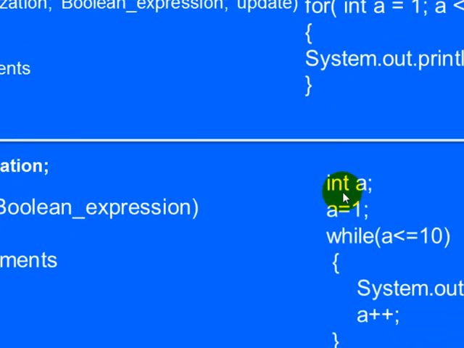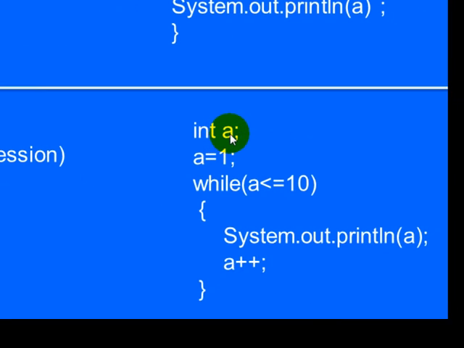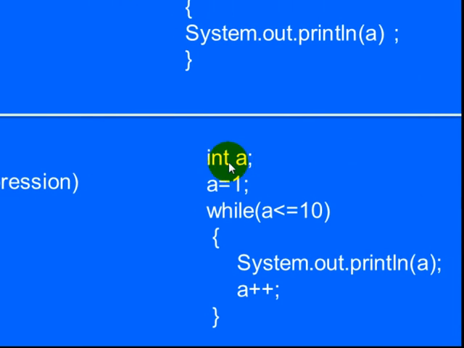Example is, now a is a variable of data type integer. It is declared in this statement, and 1 is initialized to a. It means declaration as well as the initialization is done before the while loop.